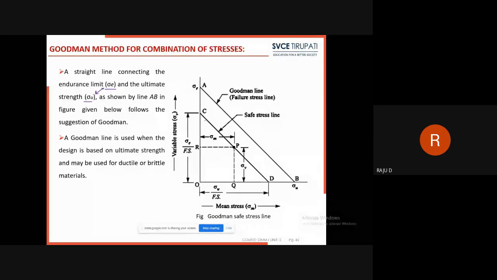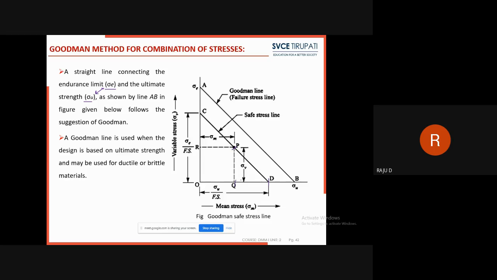From this graph, we clearly observe two triangles. One is PQD, and the next is OCD. COD is one triangle, PQD is the other triangle.